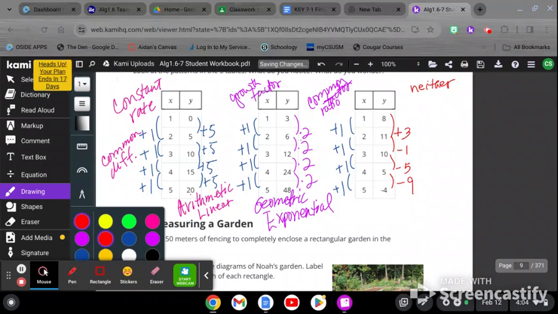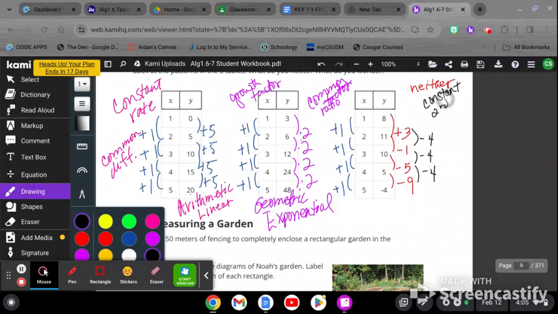Well, did your groups happen to notice anything about the difference? If it's not a common first difference, did you notice that something is in common between these numbers? And so if you happen to notice that, that is called a constant or a common second difference.